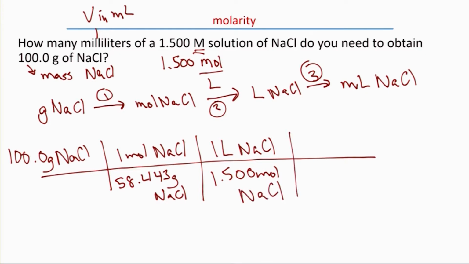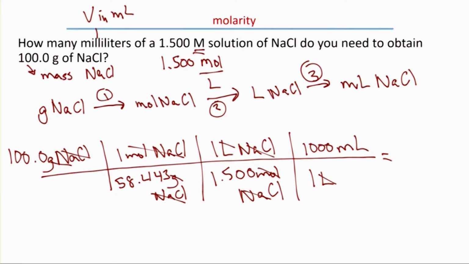It's a lot of writing of both units and what you're talking about. It's important to do the whole time. And then lastly, we can get from liters to milliliters. We want liters to cancel. Milliliters up on top. You can check units that are canceling here. Grams cancels, moles cancels, liters cancels. The only thing left is milliliters.